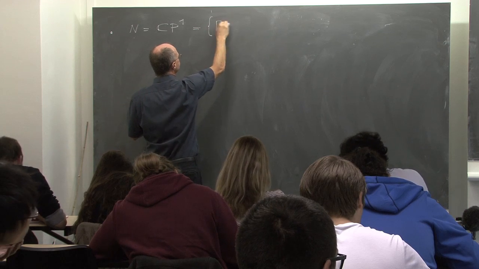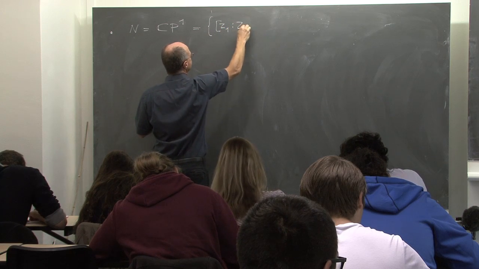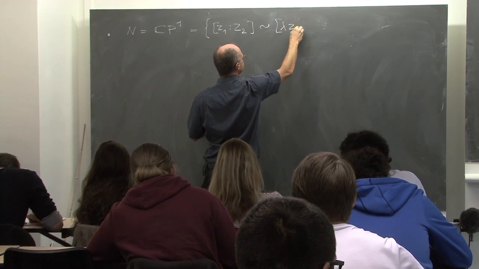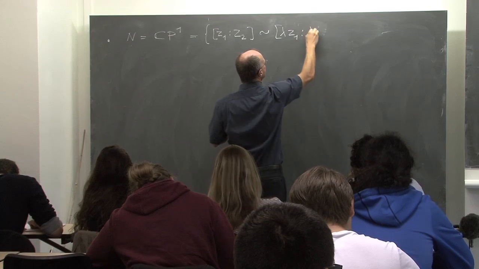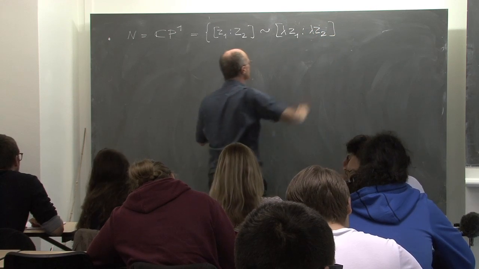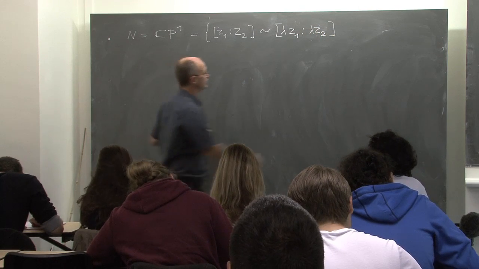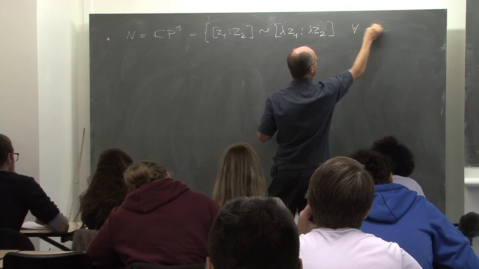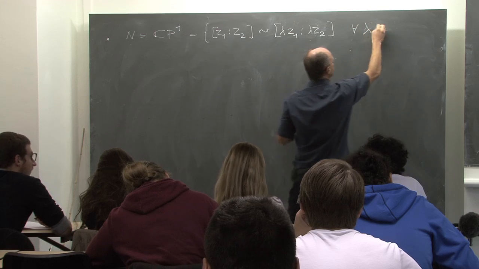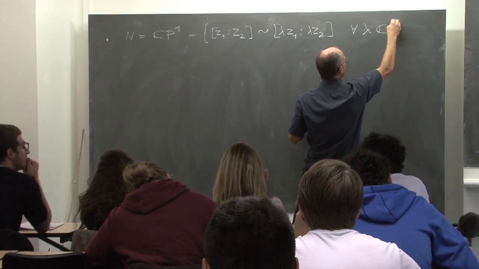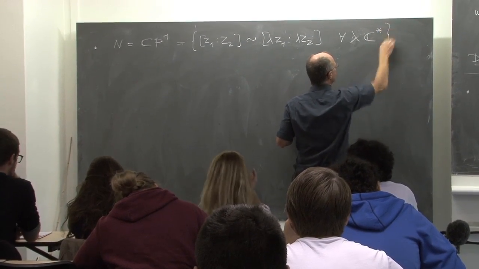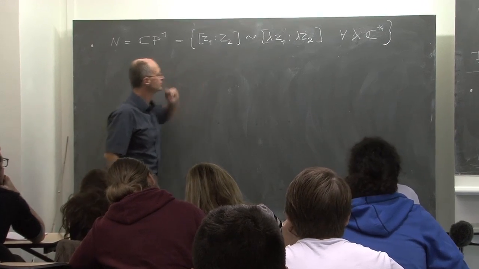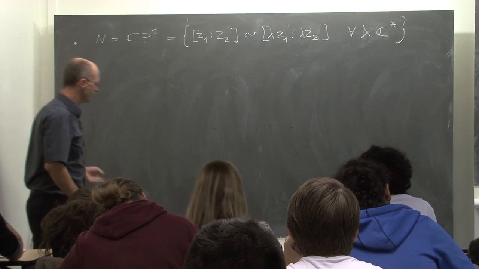So recall these are classes of pairs of complex numbers. They are not allowed to be both equal to 0 at the same time. And so we consider equivalence under multiplying both elements by non-vanishing complex numbers. Right?